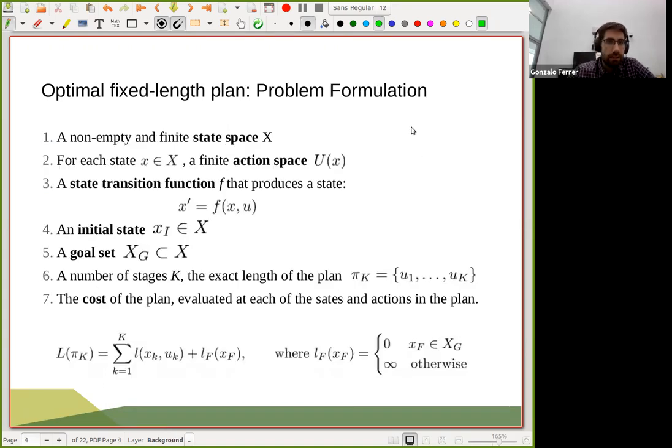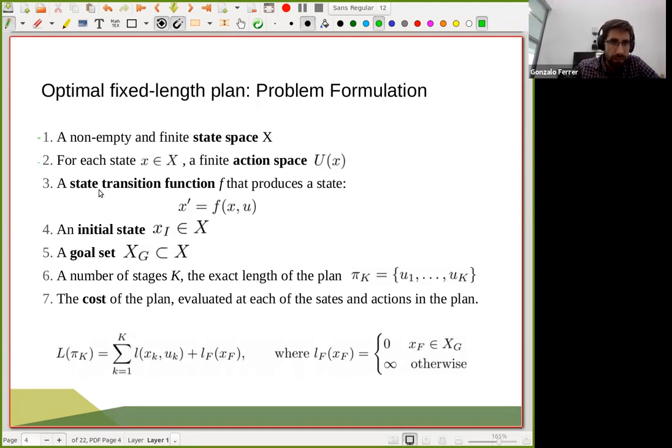As always, this is a little definition of the elements that we'll be talking about. Most of them were already presented in lecture 2. So we now have a non-empty finite state space, X. Remember, this could also be a configuration space. We also have an action space.